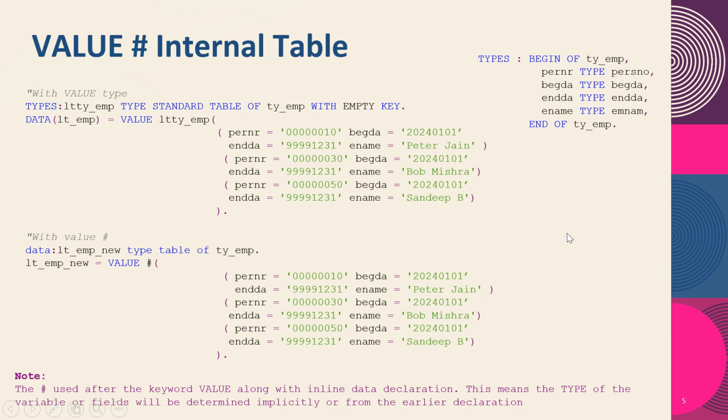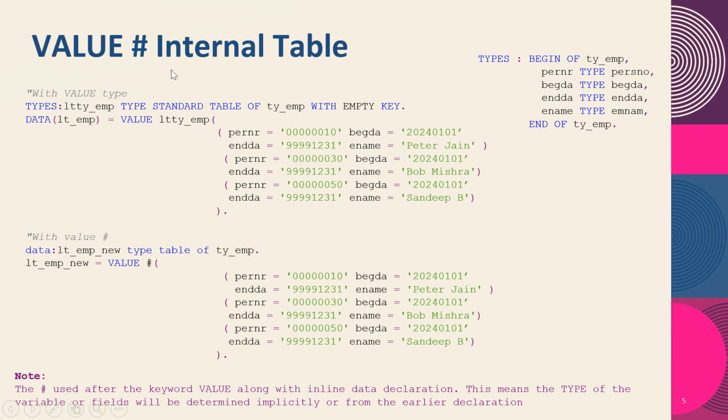Next comes the internal table. For the internal table, it is the same thing. You need to give a table type because an internal table will have multiple records. In the declaration, give a table type and keep assigning each row in one bracket. Each bracket consists of a row.